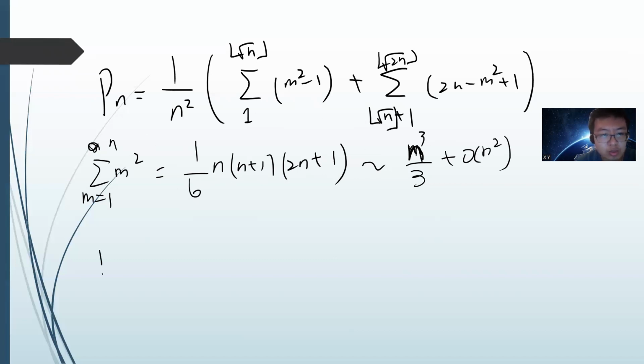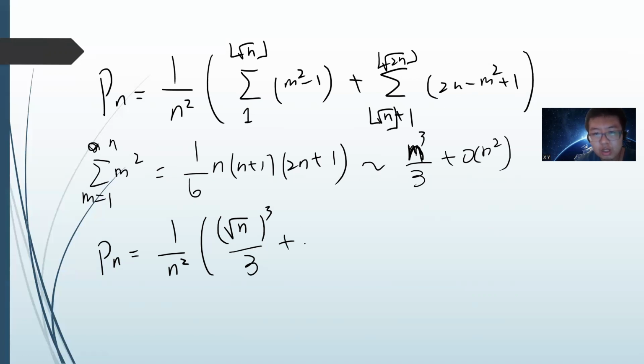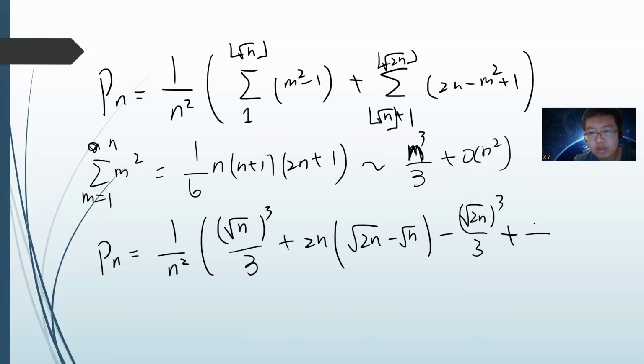Once we have this, Pn is 1 divided by n squared times: the square root of n cubed divided by 3, ignoring the lower-order term, plus for the second sum, with m up to the square root of 2n, taking just the highest-order terms, 2n minus m squared, which gives 3 divided by square root of 2n cubed plus the square root of n cubed divided by 3. Let's ignore the 1, that's fine.